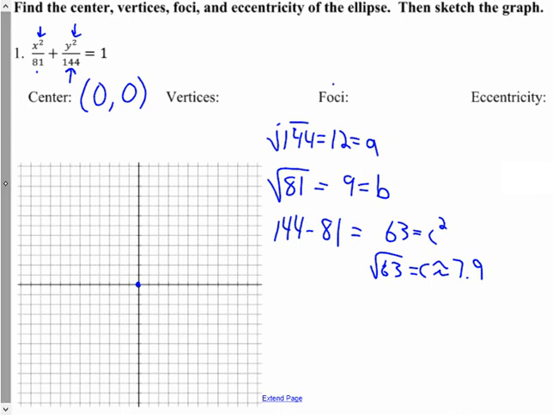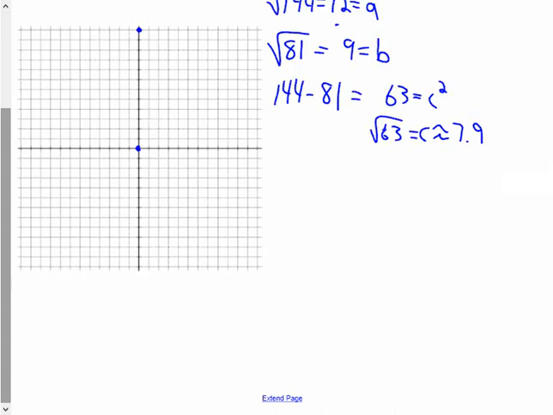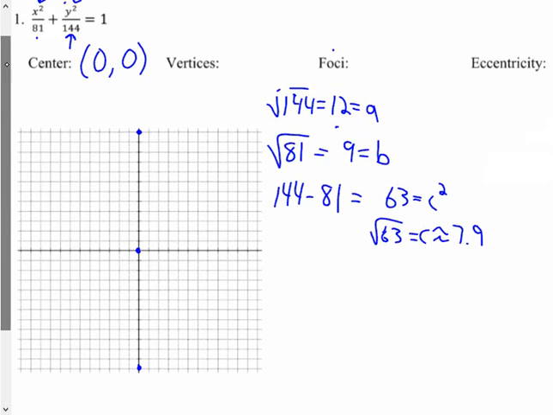So next up, we are moving 12 in the y direction, because that is what 144 is under. So counting 2, 4, 6, 8, 10, 12 right at the top of my graph and going the opposite way to the bottom, there are my two key vertices. Generally I'll do plus or minus 12 if I can do that. If I have like 6 plus or minus 12, I'll just find the number.